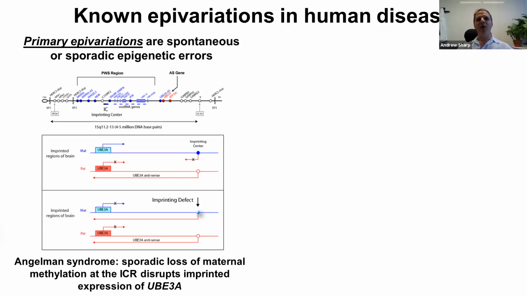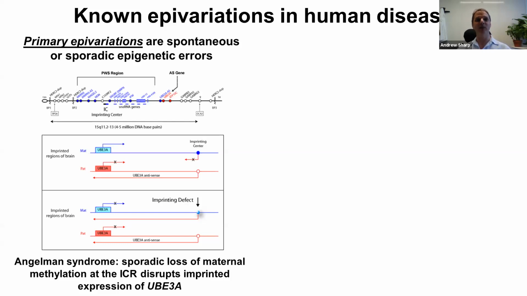Just before I keep going, I wanted to introduce this concept of different types of epivariations. Originally, what I'm now referring to as epivariations were often called epimutations. In this form, people thought they were generally purely epigenetic defects.